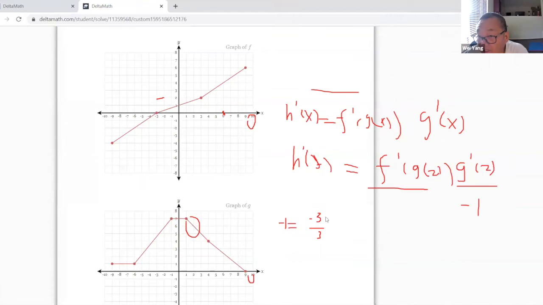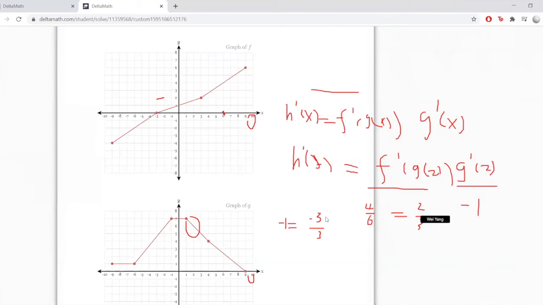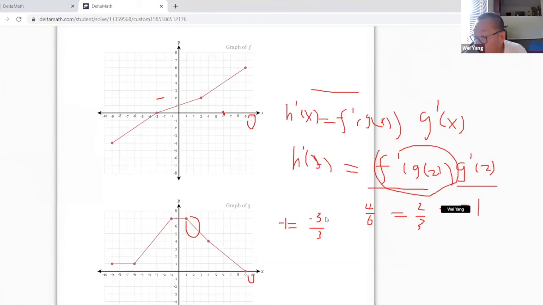X reads 6, Y reads 1, 2, 3, 4. So the slope is 4/6, which equals 2/3, right? So this part equals 2/3. 2/3 times -1 gives you the derivative of h at 2. That equals -2/3. This is the answer.